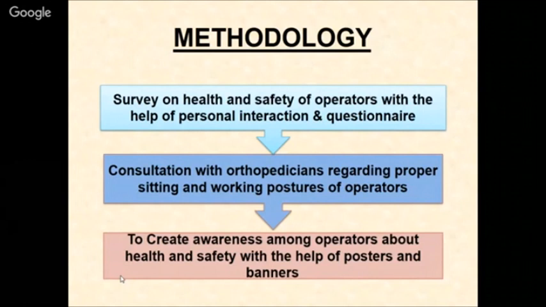And then the second one was consultation with orthopedicians regarding proper sitting and working postures of operators. After getting the different postures of operators who were working at different stations in the factory, they consulted the orthopedicians regarding the postures, and based on that advice, they carried out some changes in the postures of the workers.